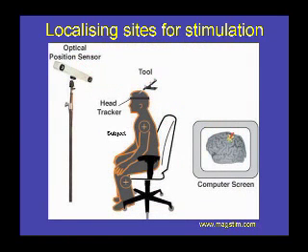Okay, so for localizing the sites for stimulation, most people nowadays use frameless stereotaxic setups. So for this you need a structural MRI scan of an individual, an infrared camera, and tools that can reflect infrared light. So you can see the subject sitting here with a tool that has light-sensitive balls on it and also a marker on the head. So it shows the position of the head.